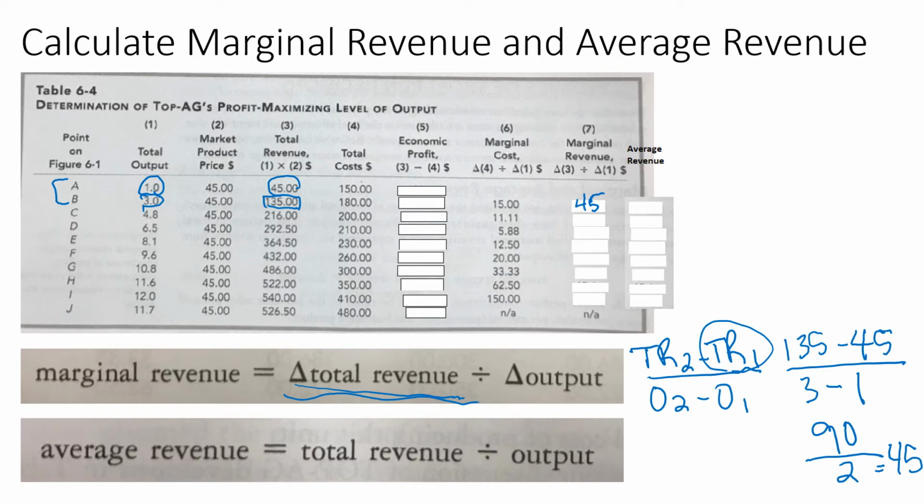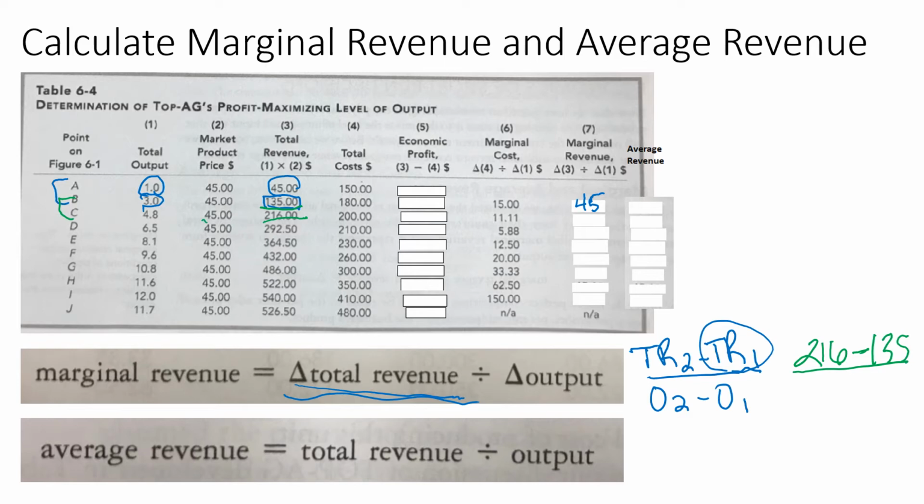Okay, let's do one more example. We'll go from B to C. So from B to C, we have total revenue 2. Now our total revenue 2 is 216 minus our total revenue 1, which is 135, divided by our output 2, which is 4.8, and our output 1, which is 3.0.